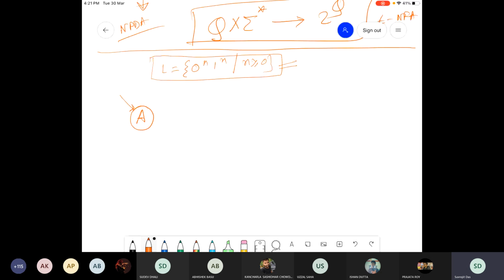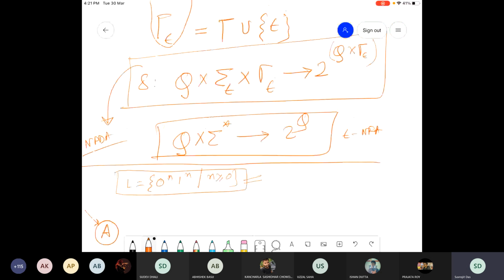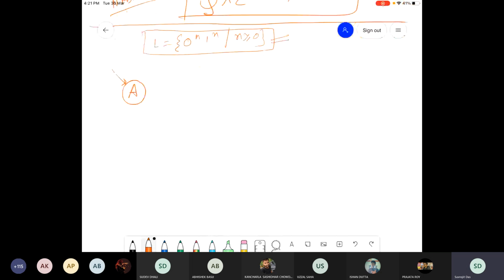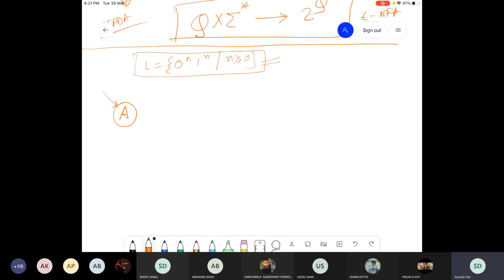So what is a PDA? A PDA is a finite state machine with a stack, and a PDA is a machine whose transition is defined like this, right? In the most general case, a non-deterministic one, where we allow everything on epsilon.